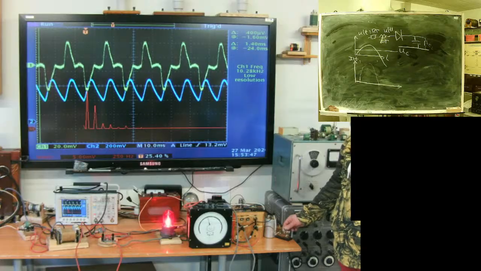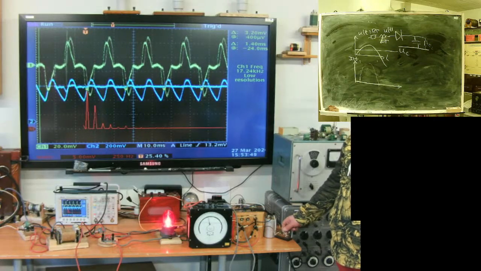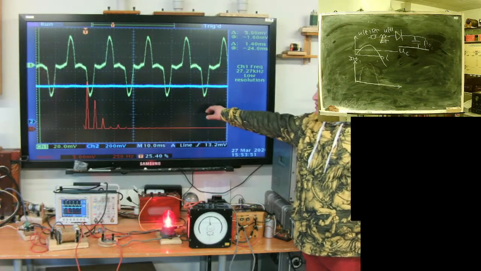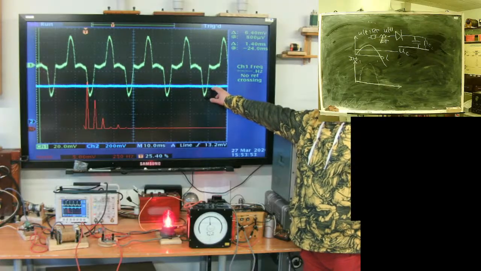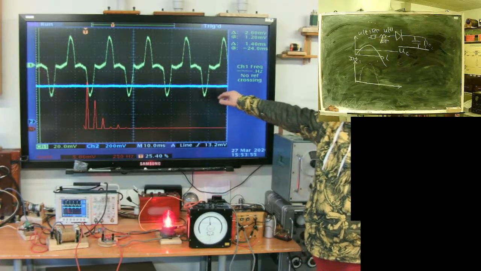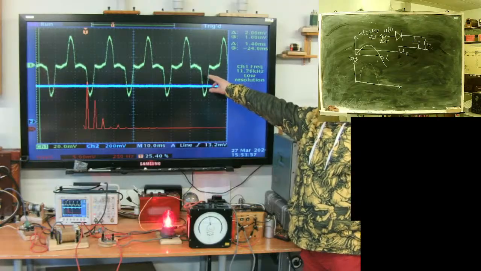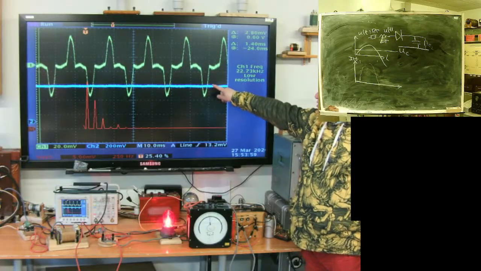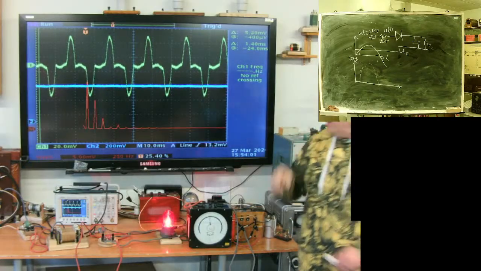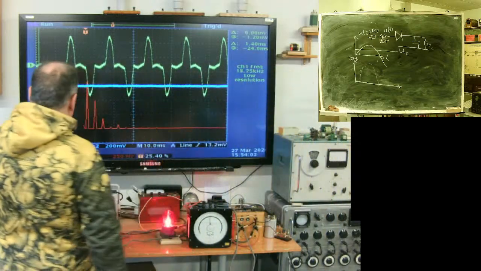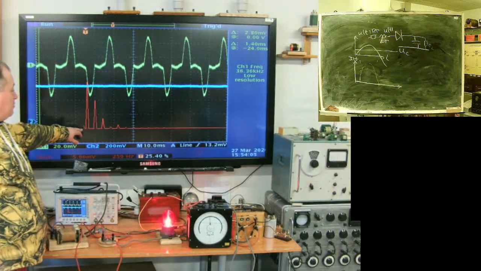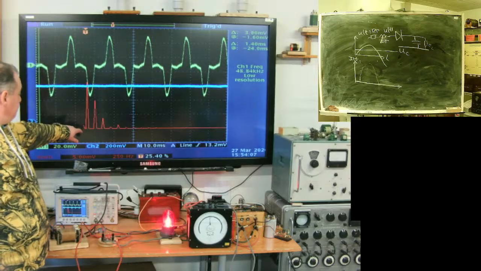Oh, a large condenser. See, now the filter is sufficient to make nice DC. But what happened with the primary current? Sharp waves. Spectrum analysis of the current.